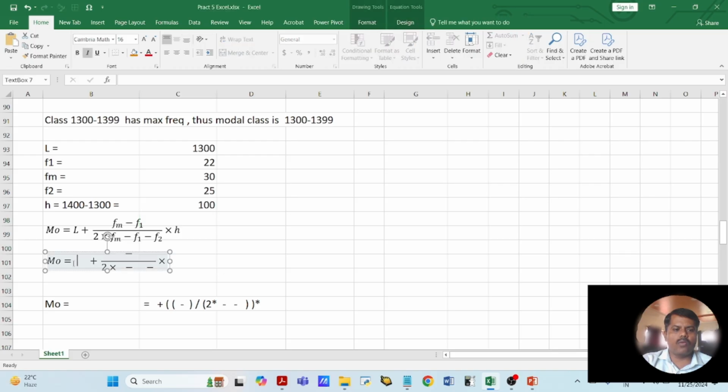Now we will put all these values in the formula of mode. 1300 plus, F1 is 22, Fm is 30, minus F1 22, divided by 2 times Fm, that is 2 times 30, minus 22 minus 25, into 100.